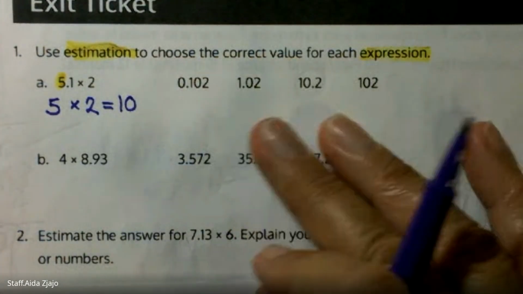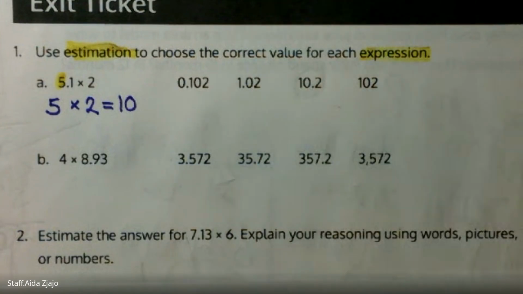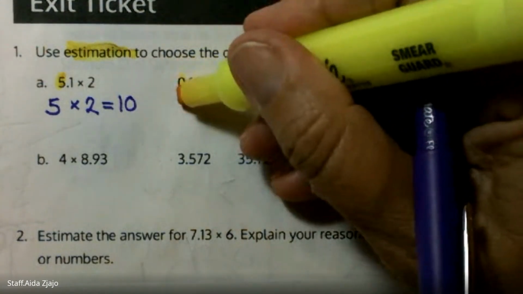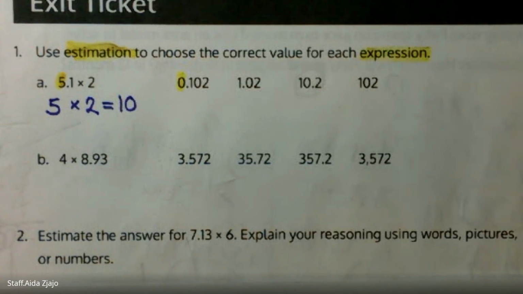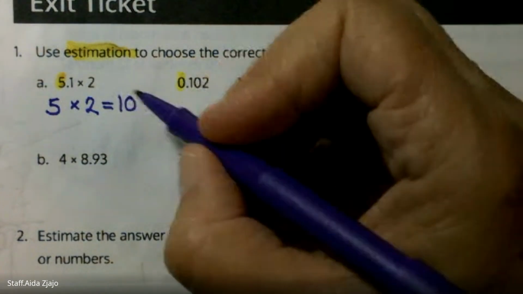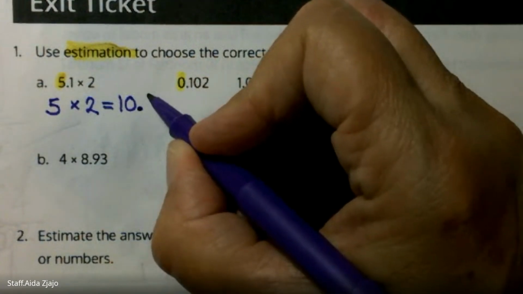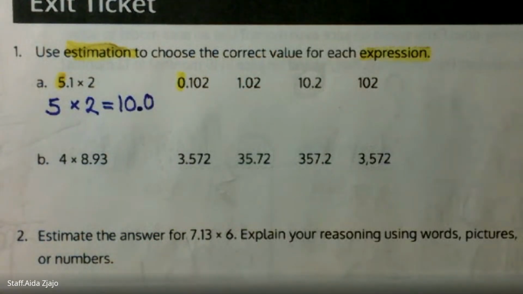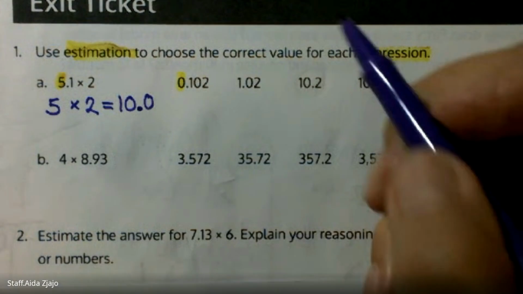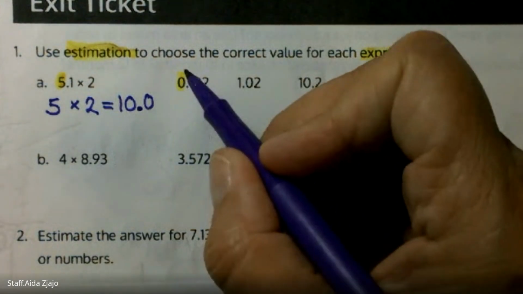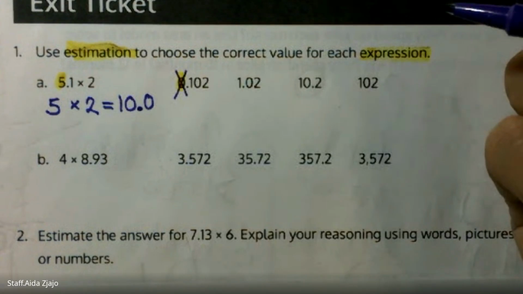Then I look at my choices. I could see that this one has 0 wholes and mine is 10 wholes. So I can see the decimal if I want to put the decimal. So that is 10 also as a decimal. So that cannot work. This is 0 wholes and I need 10.